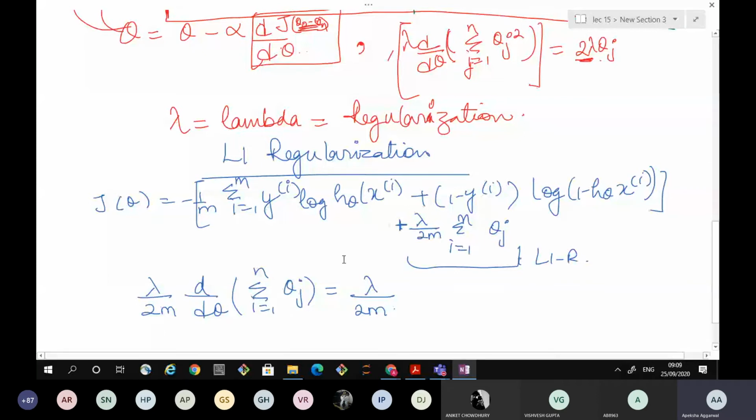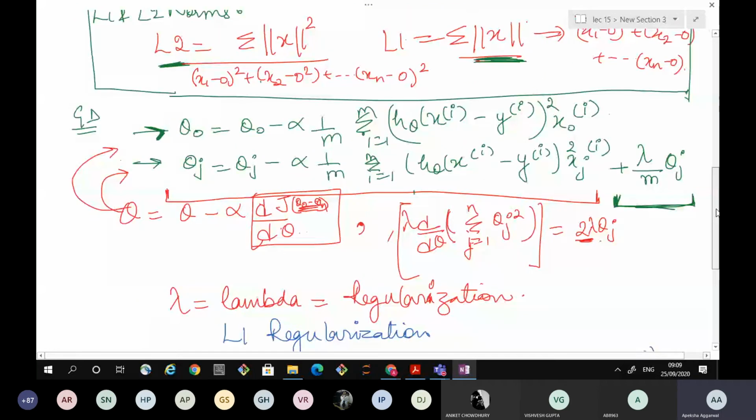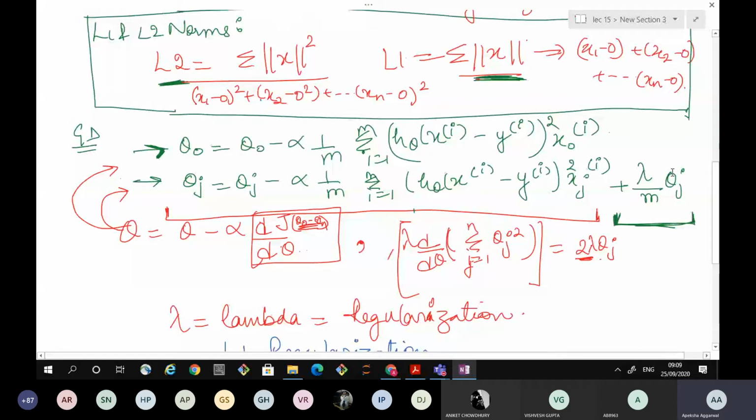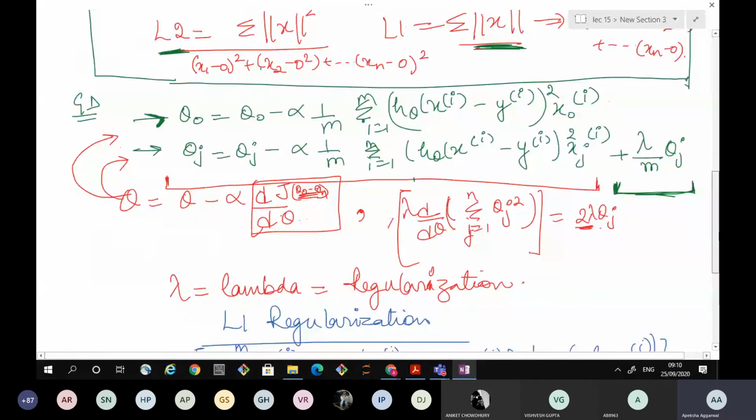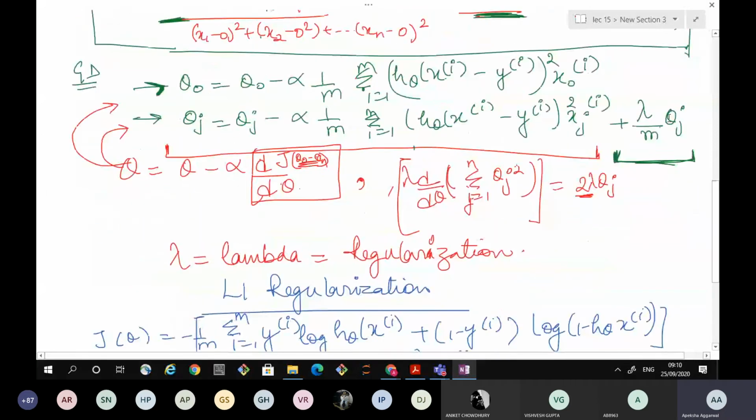So what we can see is, while updating the weights, my weight updation is dependent on lambda in regularized L2 regularization, while in L1 regularization my weight updation is not dependent on the previous theta, right?